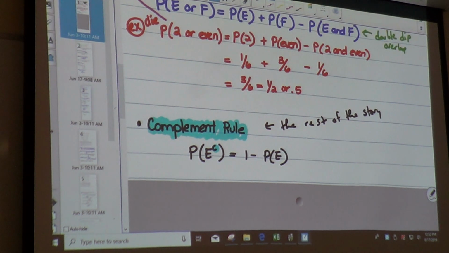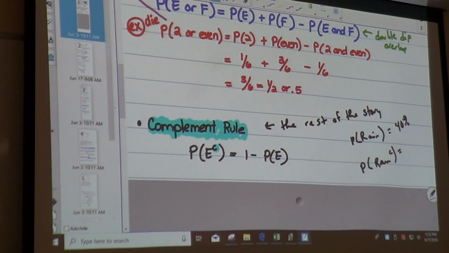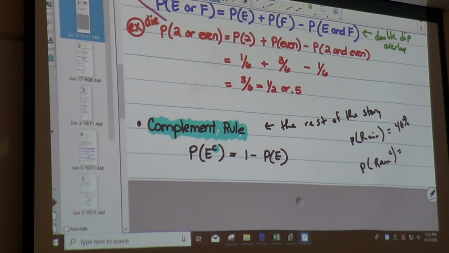If I said the probability that it's going to rain is 40%, the complement of that is going to be the rest of it. So 40% is going to rain. What's the rest of it? 60%.